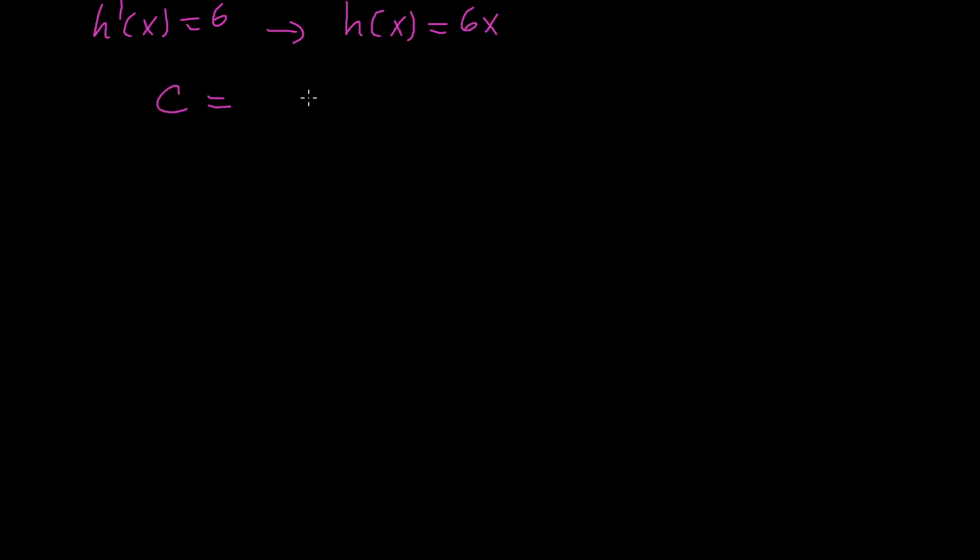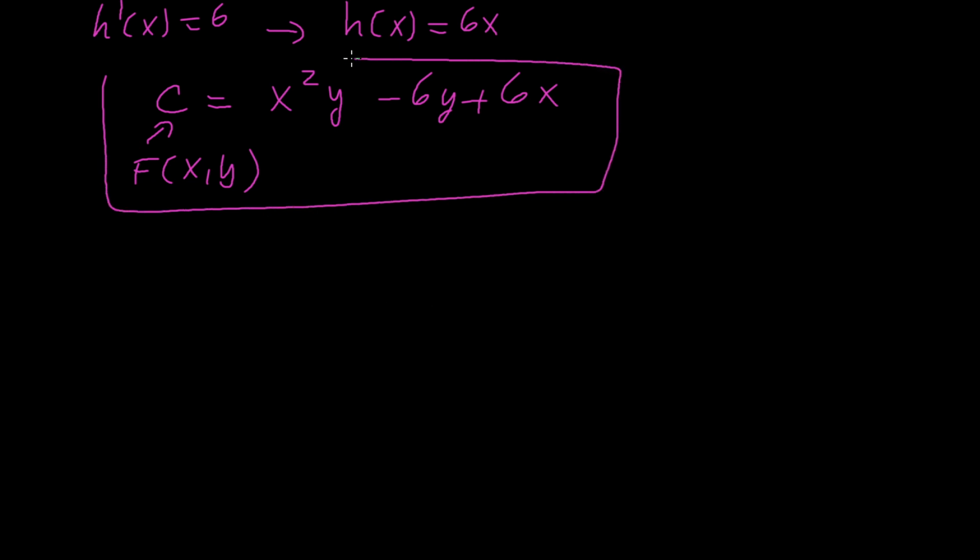Which means the solution is x squared y minus 6y plus h of x, which is plus 6x. All right, and this is the f of x, y. You see, so they're doable, and they are good to work with.